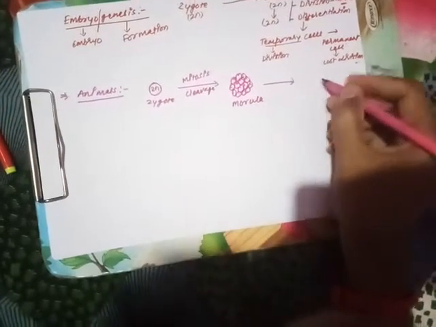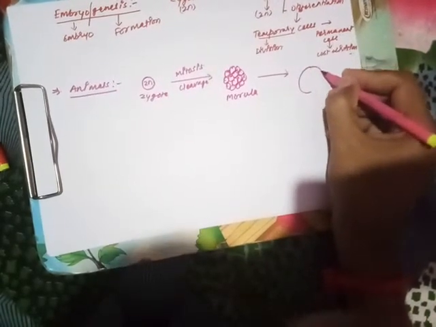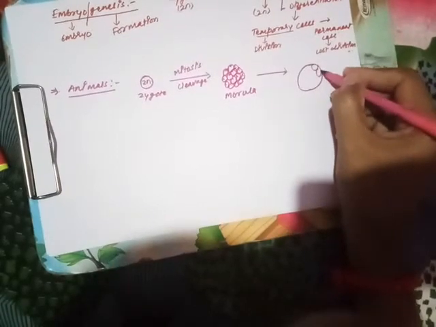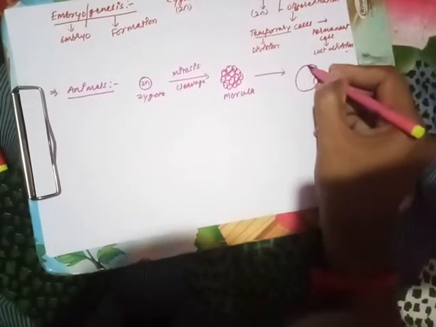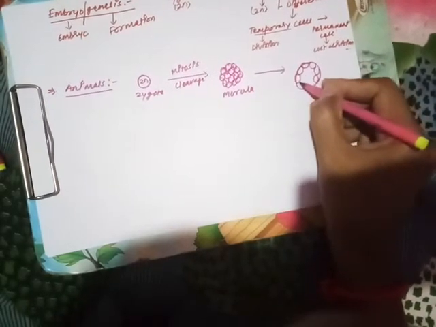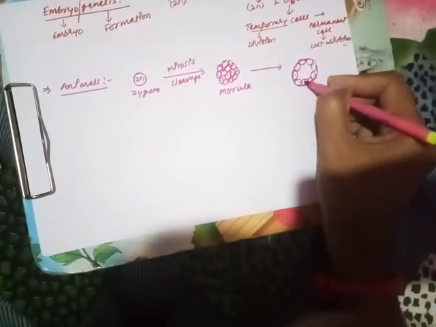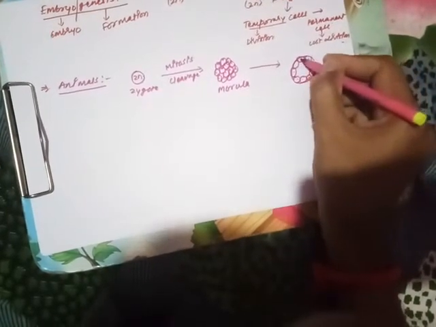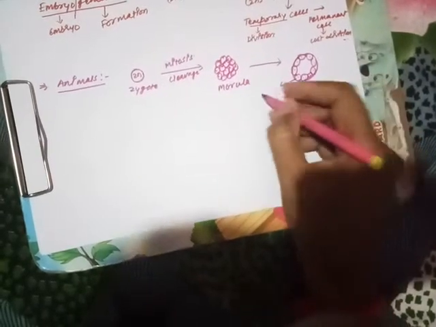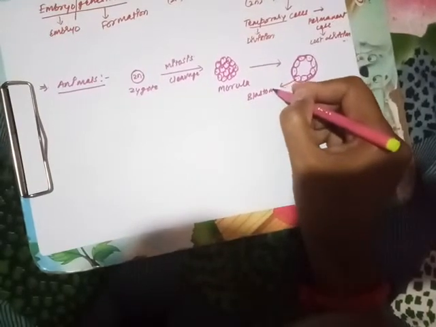Now the morula stage will develop a centrally liquid filled cavity, a central cavity therein, and all the cells are going to be shifted onto the peripheral layer. These cells are called blastomeres.